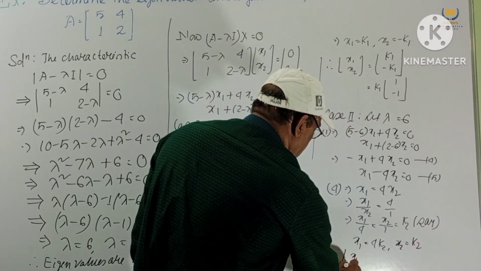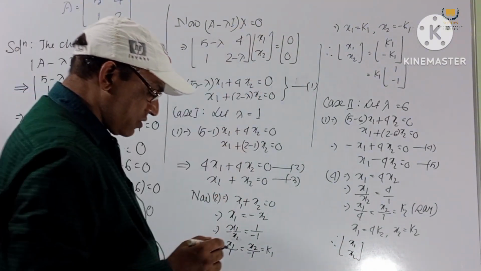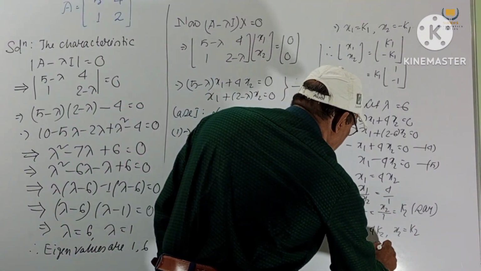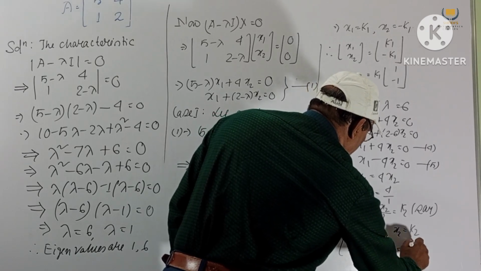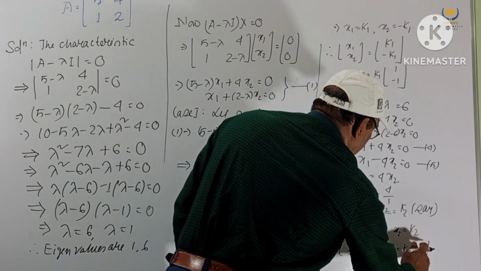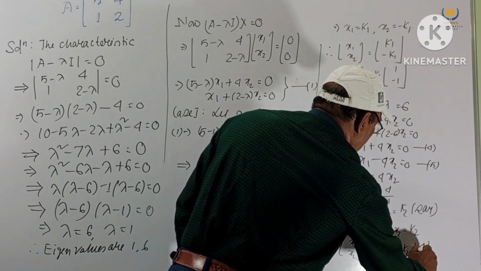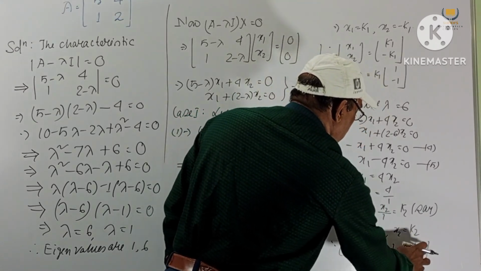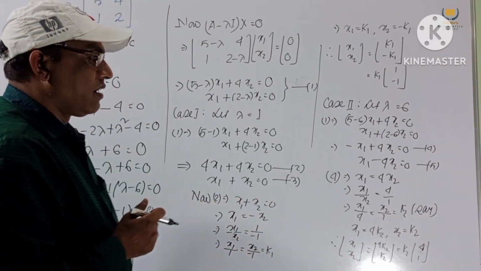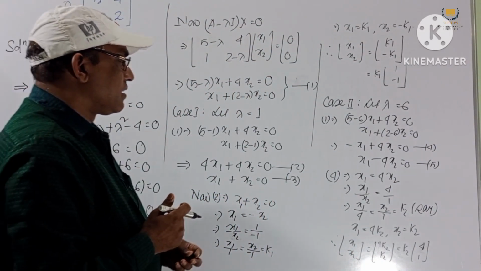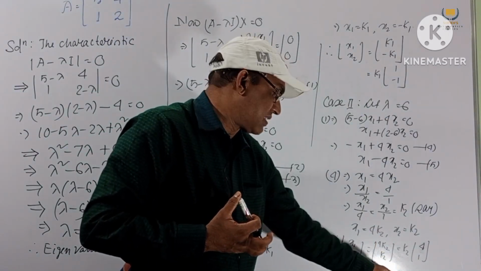Therefore x1, x2 is 4 k2, k2, and with k2 common, this is 4, 1. 4, 1 is our answer. This is the second eigenvector. Therefore, we can write these together: one eigenvector is this and another is this.